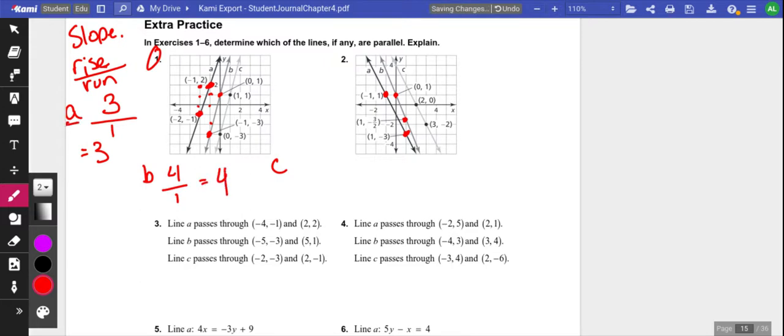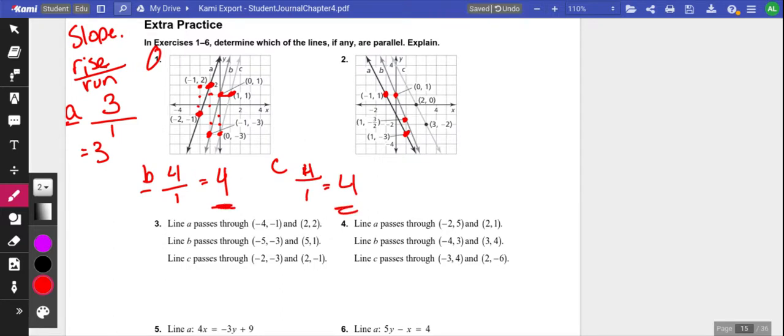So right off the bat, I know that A and B are not parallel. But let's see for line C if that's parallel to anything. Okay, so I'm going from here to here. So I'm going up 1, 2, 3, 4. That's my rise, 4. I'm going over 1. So 4 over 1 is 4. Okay, so I've got 2 lines of the same slope.